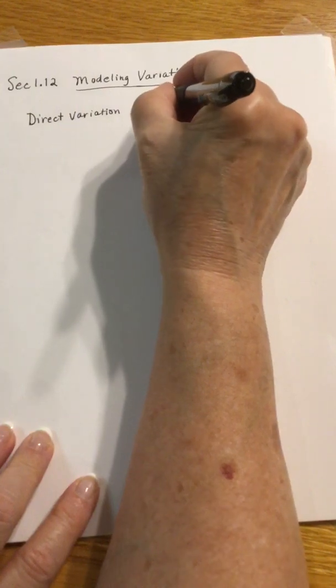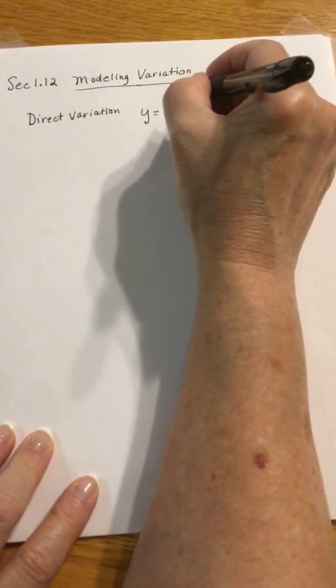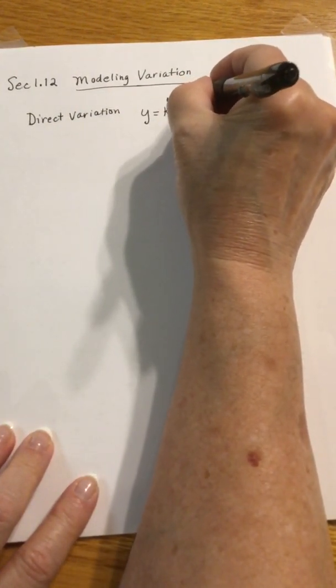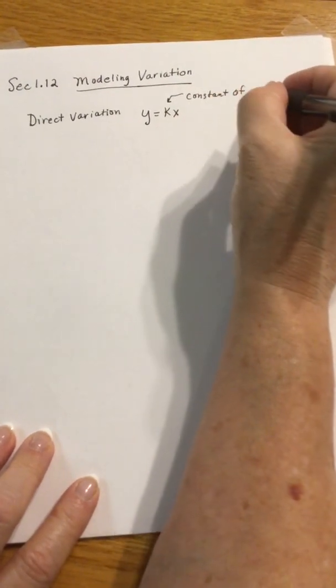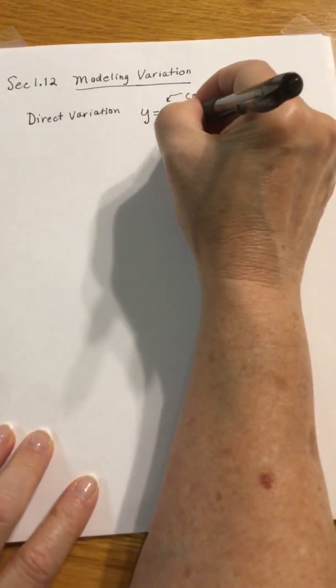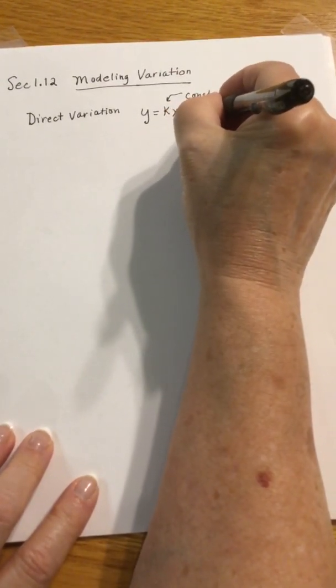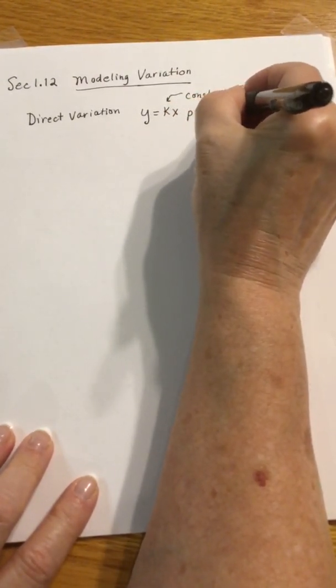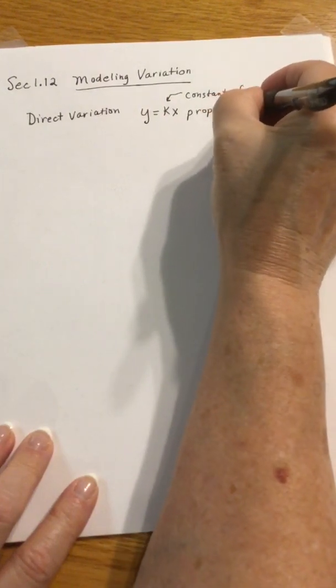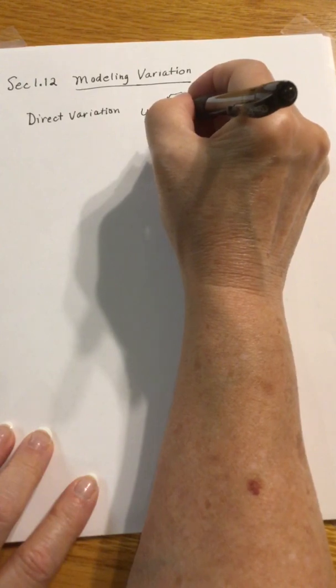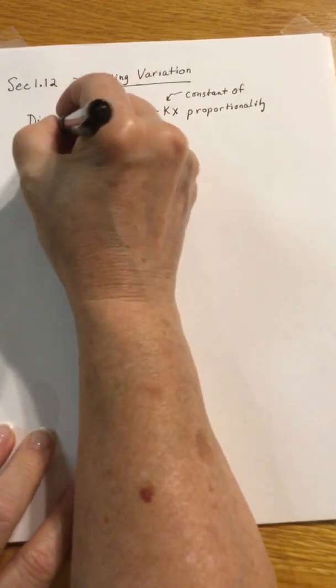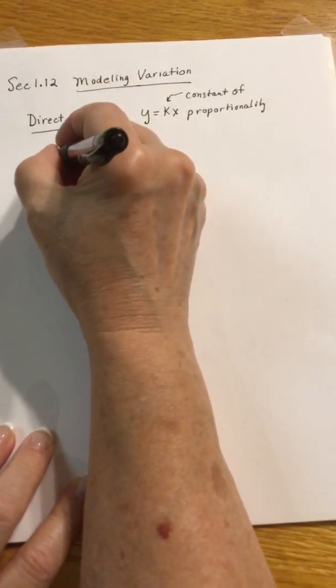K is the constant of proportionality, and x and y are variables. So direct variation, we'll also hear it said as varies directly.